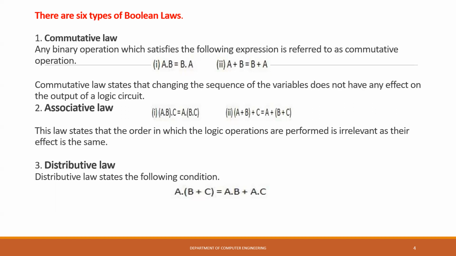That is nothing but the associative law. The third one is the distributive law. A dot, in bracket, B plus C can be represented, by multiplying A in the bracket, as A dot B plus A dot C.